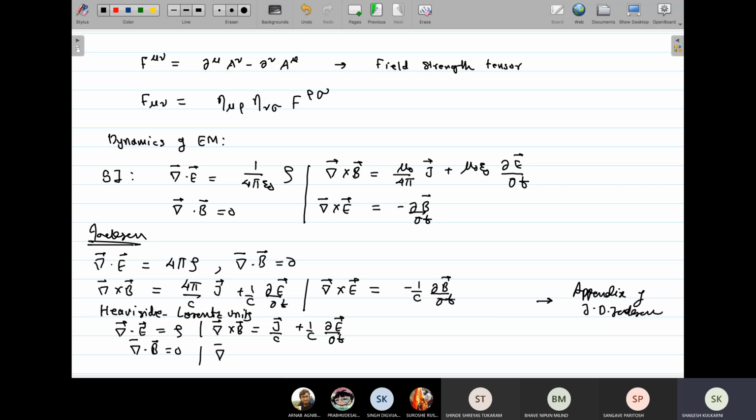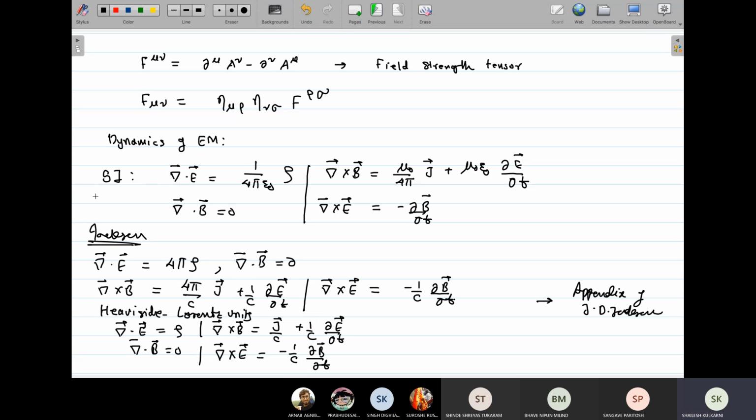And del cross E is equal to minus 1 over C del B by del T. So these are the Heaviside-Lorentz units where this 4 pi factor won't come.